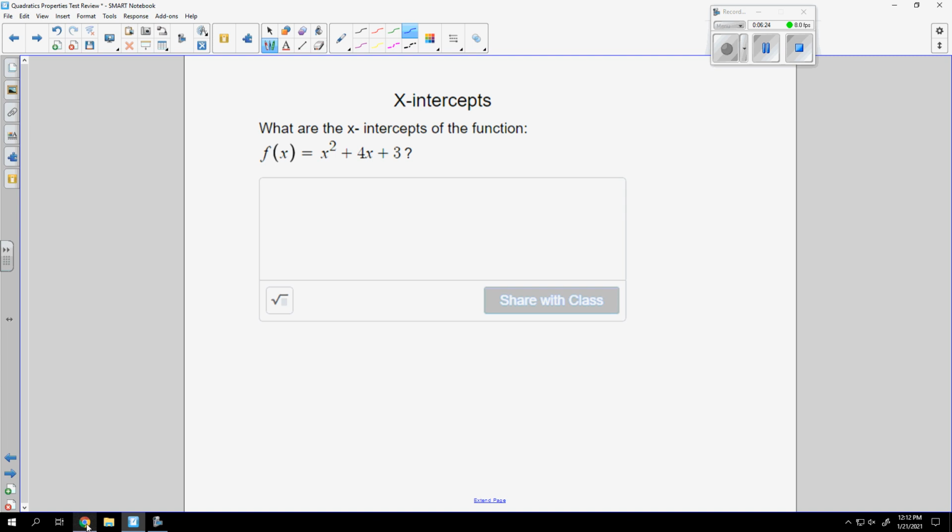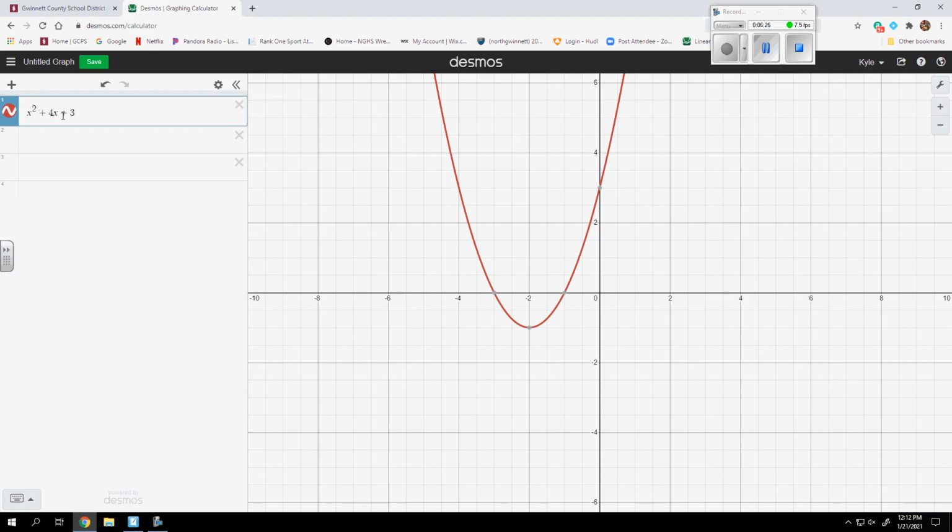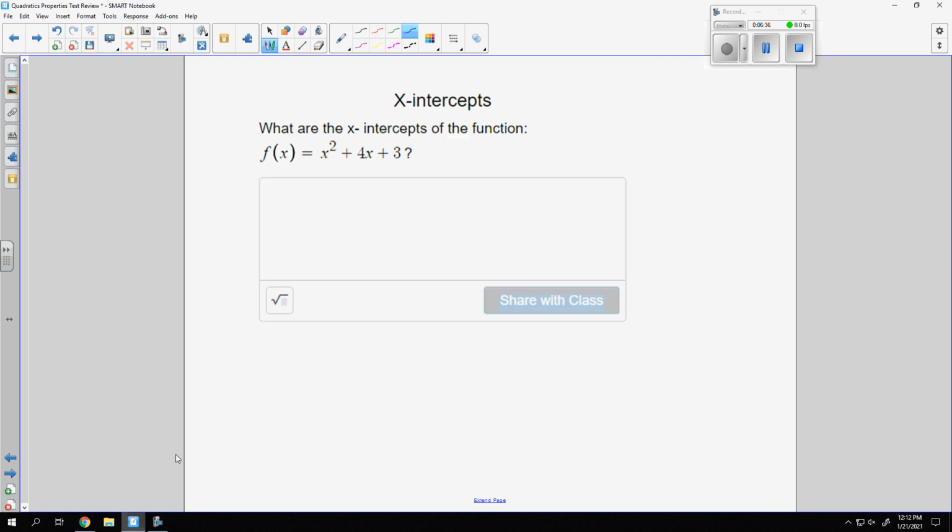Positive 4x plus 3. All right, cool. So now I can see that I do have x-intercepts at -3 and -1. So (-3, 0) and (-1, 0).